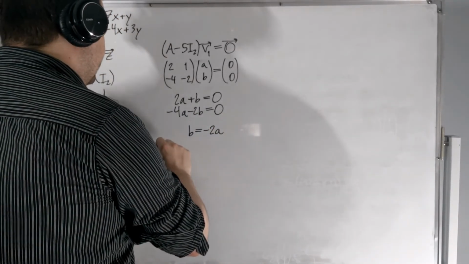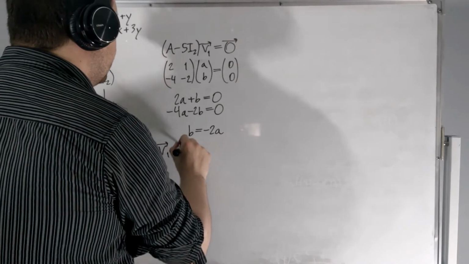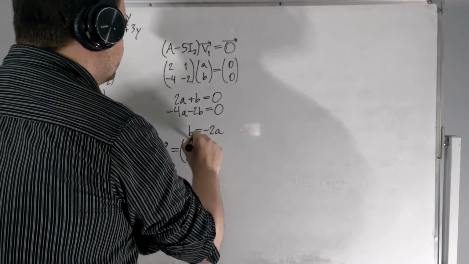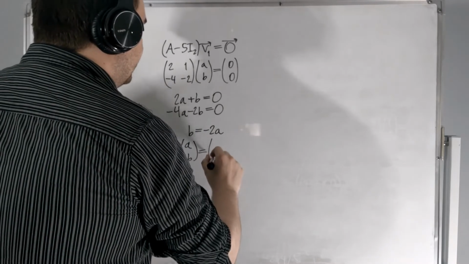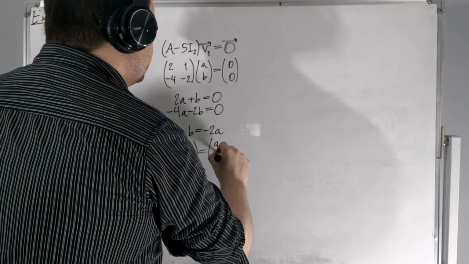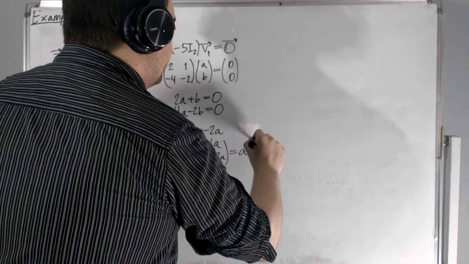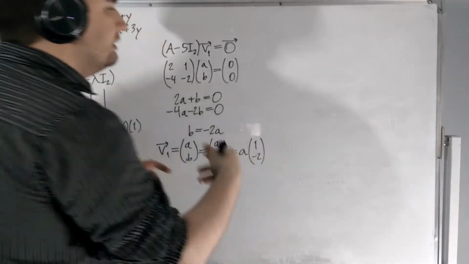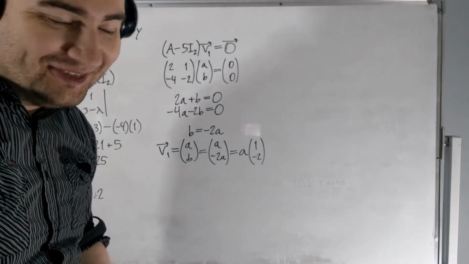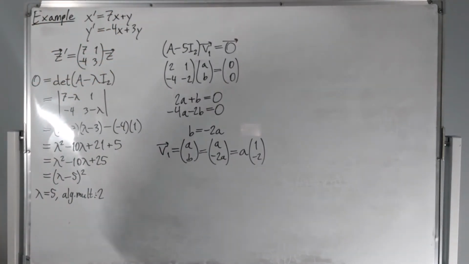Therefore, the eigenvectors look like (a, b), where b is negative 2a. So these are all the non-zero scalar multiples of (1, -2).